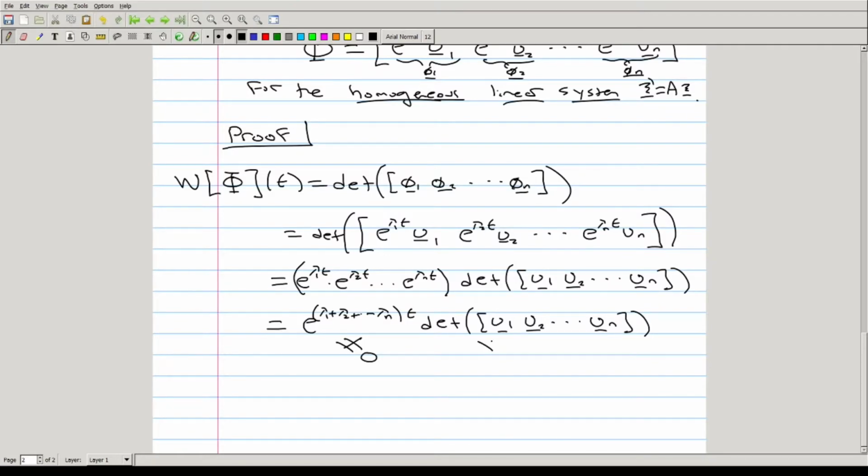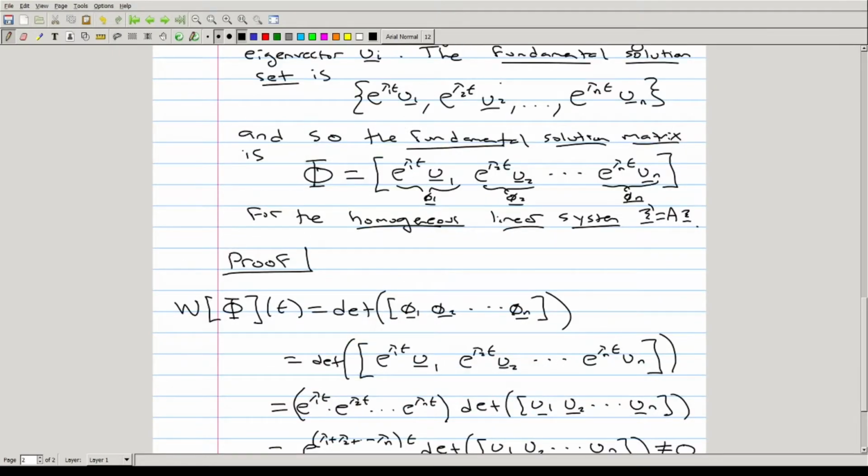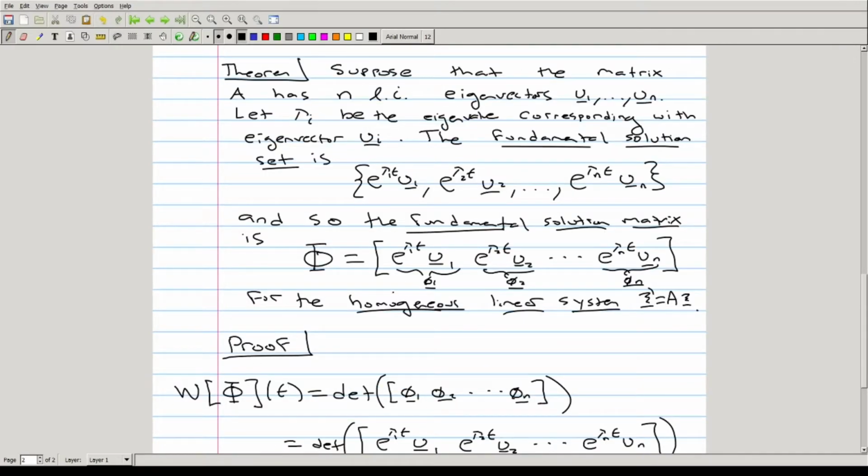And as well, this determinant is non-zero because of the fact that u1 and u2 and all the eigenvectors are linearly independent. So this Wronskian of this fundamental solution set is never zero. And this allows us to go through and compute, using this fundamental solutions matrix, for our system of first order differential equations with constant coefficients.